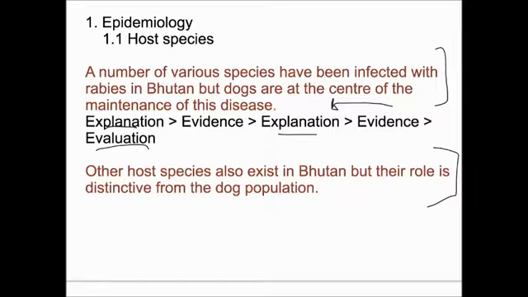Have a look at the next paragraph's topic sentence: Other host species also exist in Bhutan, but their role is distinctive from the dog population. Okay, so from reading that sentence, you will be able to have a good understanding of what the next paragraph will cover. So what do you think you are going to read in the next paragraph?